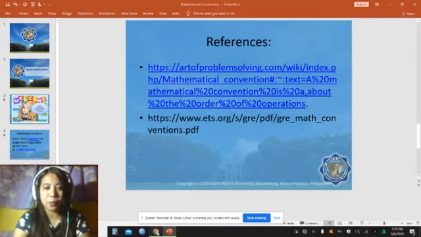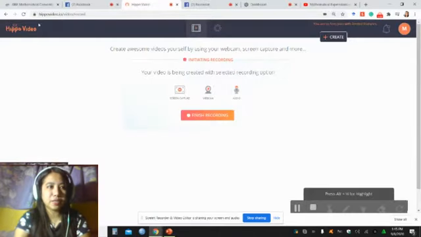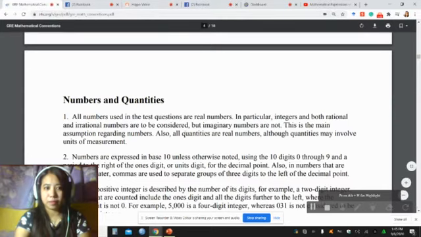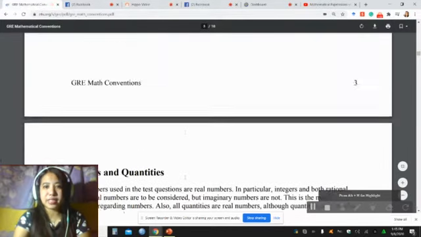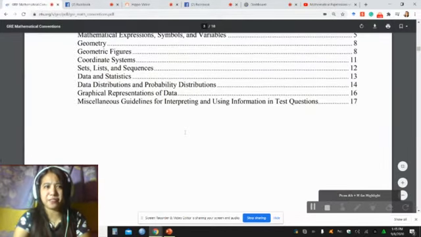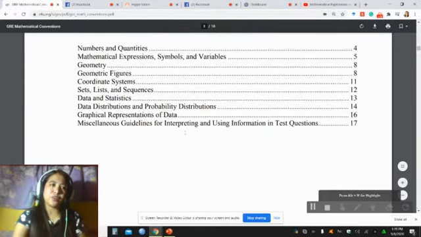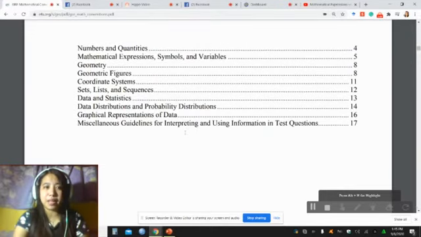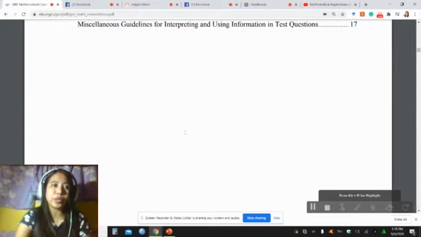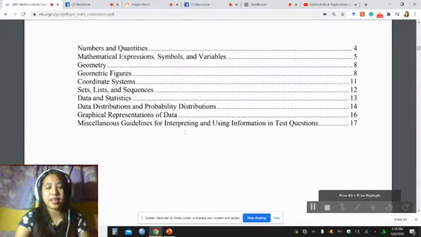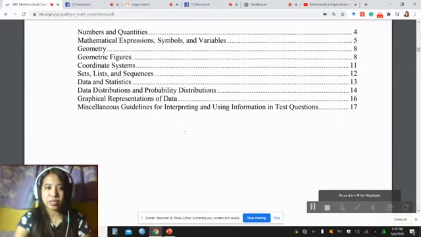So let us go to our examples. In this material, they actually provided examples of numbers and quantities, mathematical expressions, symbols and variables, and graphical representations of data. We are not going to discuss everything, so we will just see some of the examples that we might consider.